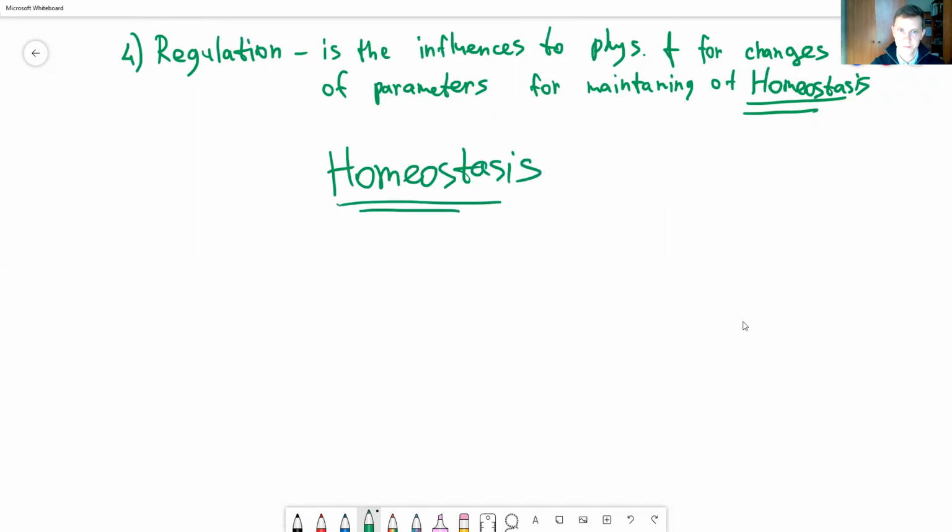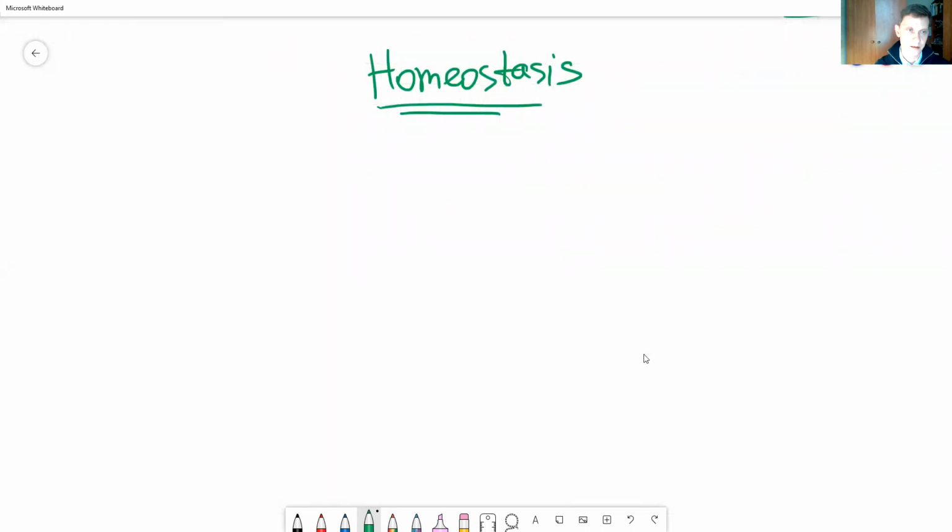Homeostasis. Okay, homeostasis was primarily described and discovered by the scientist Walter Cannon in 1932.